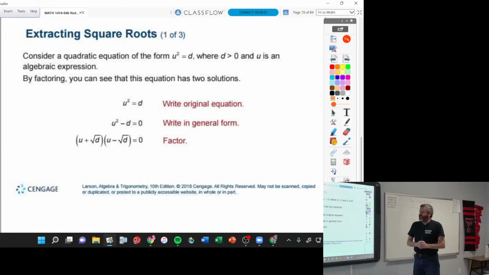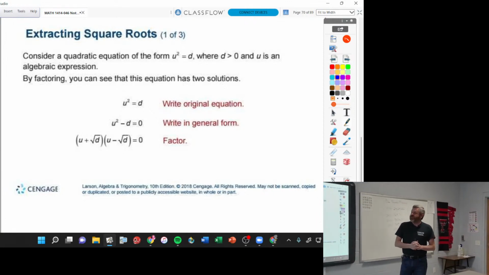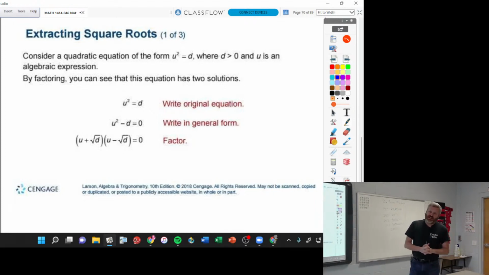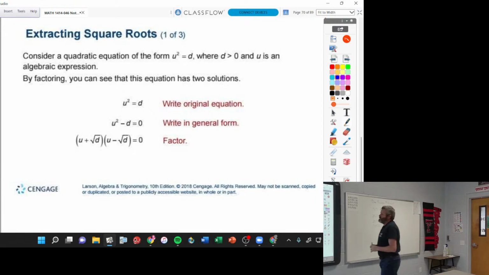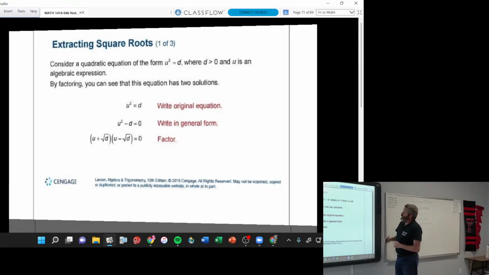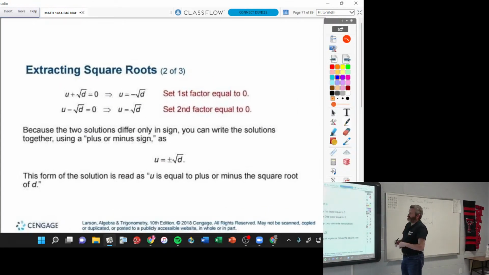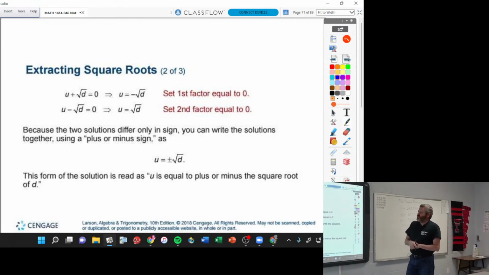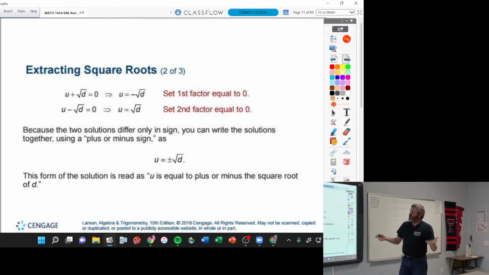They actually pull the d over and factor it by saying that u squared minus d factors into (u plus square root of d) and (u minus square root of d), and you can see that we're going to get the same answer. And I'll work it both ways to show you. So set those equal to 0, and your answers are going to be plus or minus the square root of d.